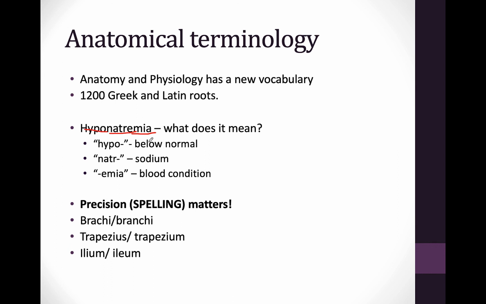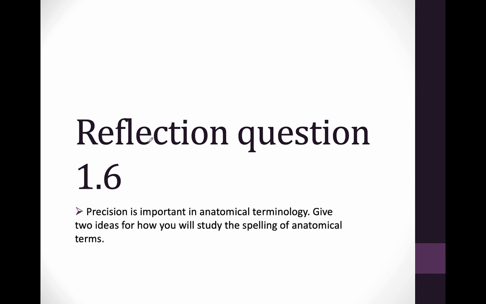What did you do to study for that spelling test? Well, your teacher might have had you write the word ball over and over and over again until you could spell it. That's going to be a really good technique again now. So take a minute and reflect on the precision importance of spelling.